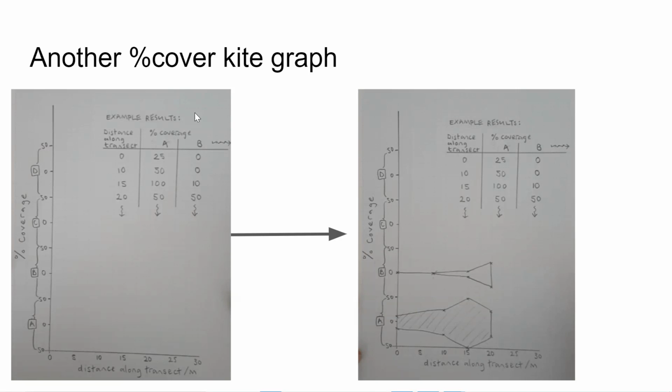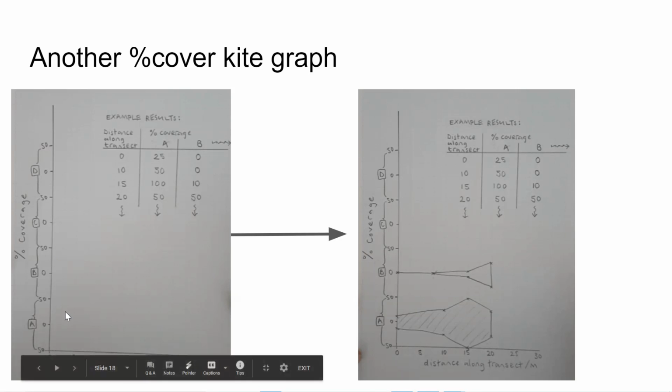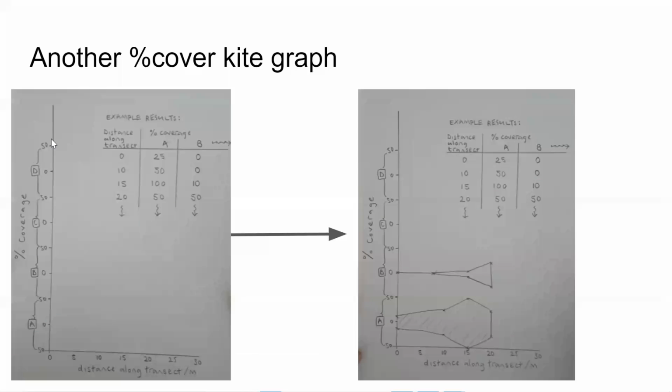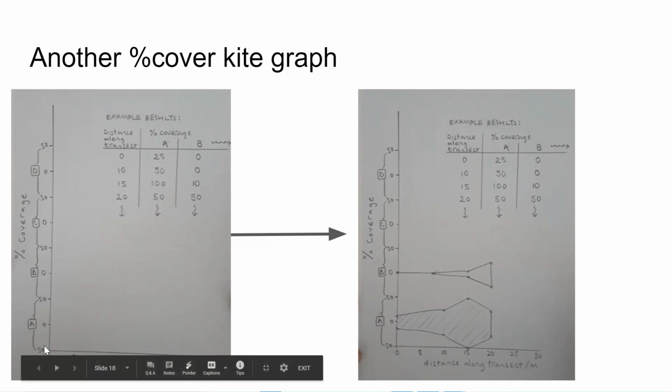So let's say data is given to you and they have given you a blank space to draw the graph. So you can take 10 centimeters for species A, 10 for B, 10 for C, 10 for D. Make sure whenever you take any distance, it should be equal for each species and it should be big enough so that the kites don't overlap. And then you start filling the data.